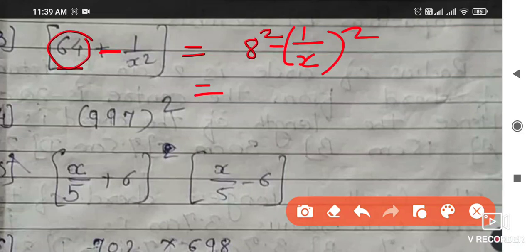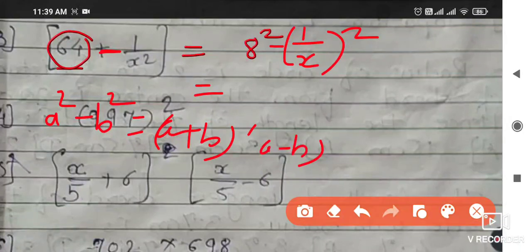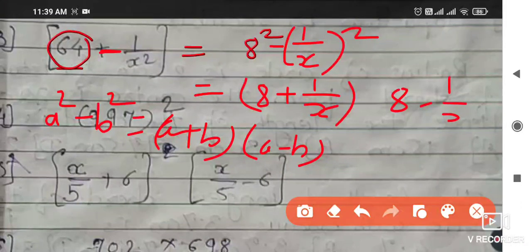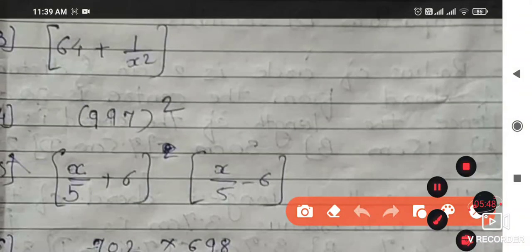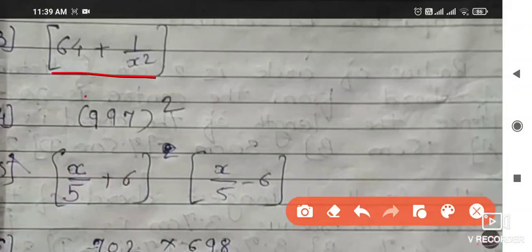Here we have to use the factorization of a square minus b square, that is (a + b) and (a - b). So it is (8 + 1/x) and (8 - 1/x). In this way we have to solve this example. Otherwise, if you take the plus sign, which I wanted to give but by mistake was given, this is the factorization.